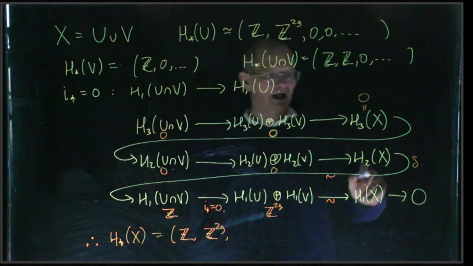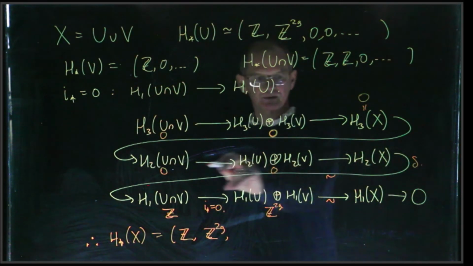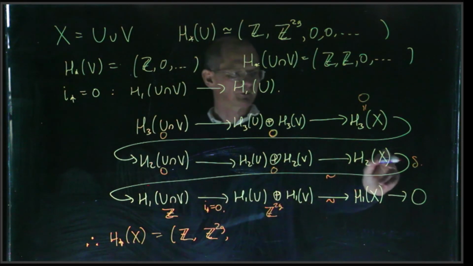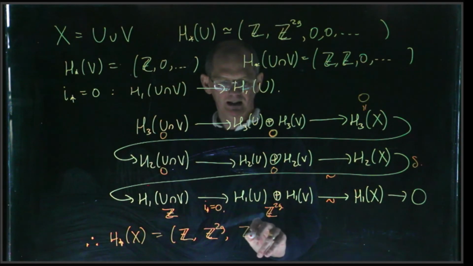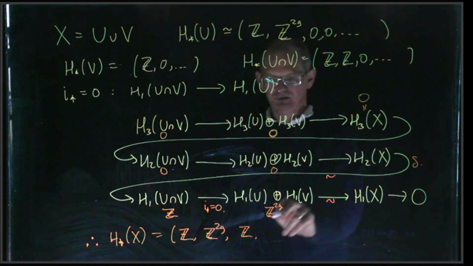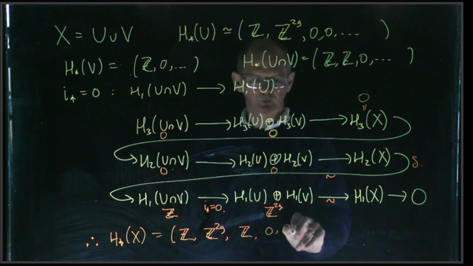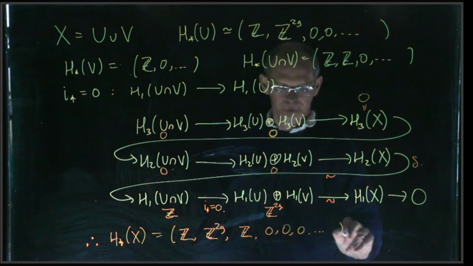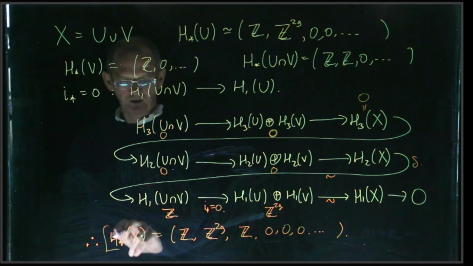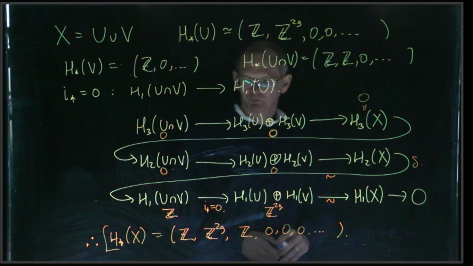And then for our H2 of X, this delta here, as we said, is forced to be an isomorphism because of this 0 and this 0. So delta is an isomorphism, so H2 of X is isomorphic to Z. And then our H3 of X is 0, and the subsequent ones are also 0. Okay, so this is the answer for the homology of a closed surface of genus g.